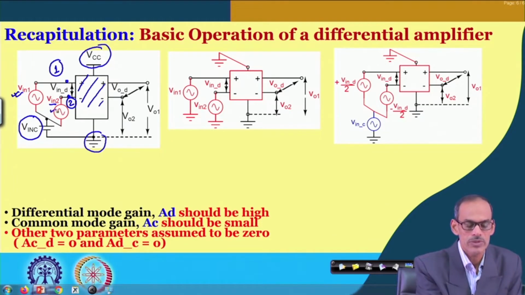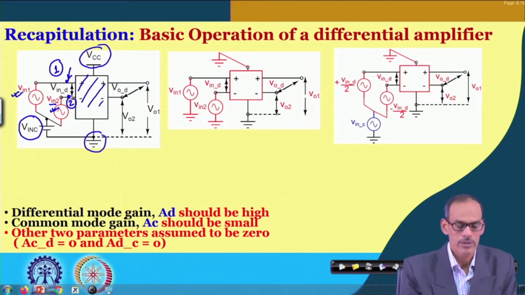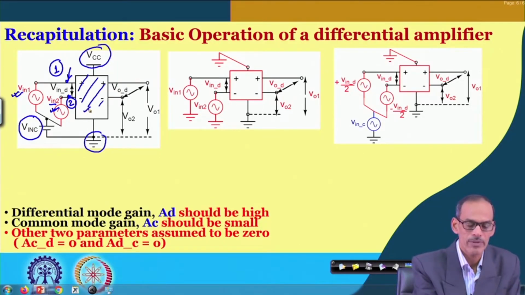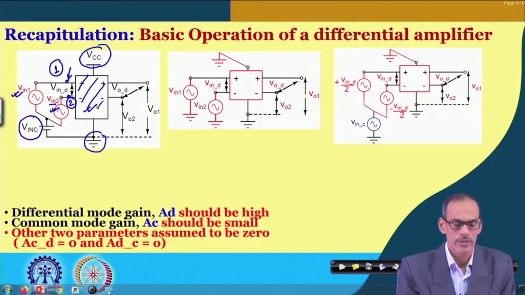We must be careful that while feeding the signal, the DC voltage at these two points should be appropriate, so that the differential amplifier works properly.